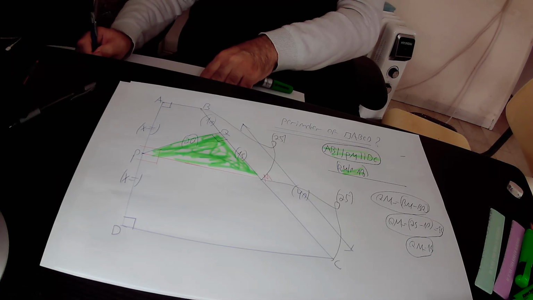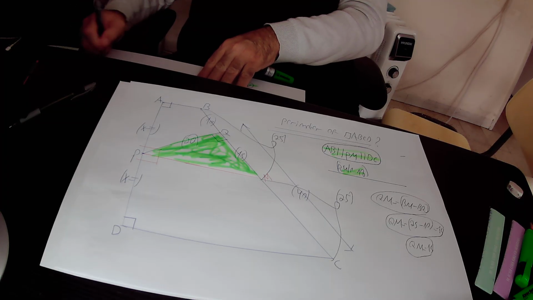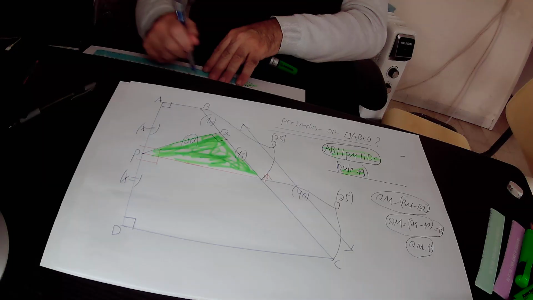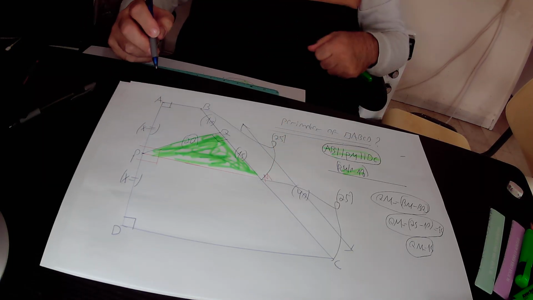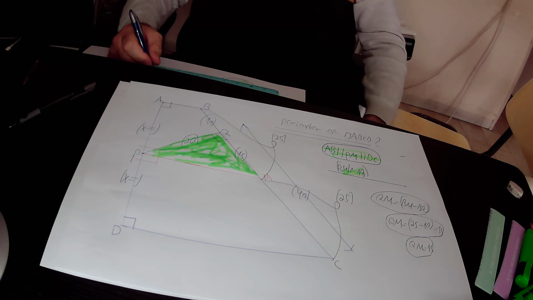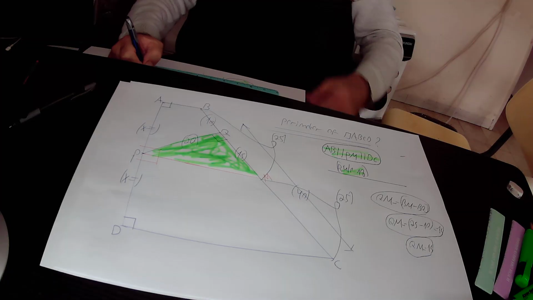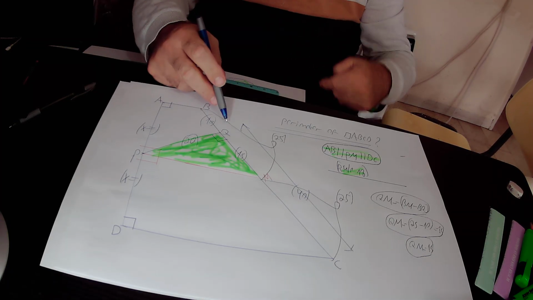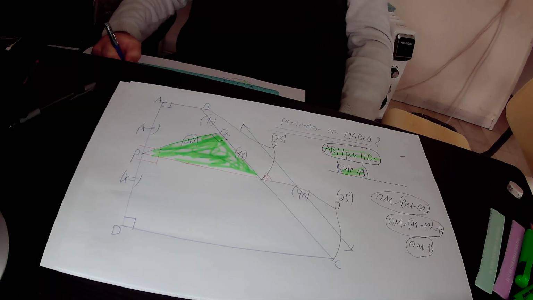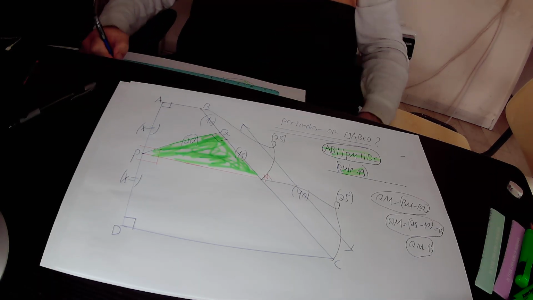So in this right triangle QPM, according to the Pythagoras theorem, PM squared, that is the square of the hypotenuse, is equal to QM squared plus QP squared.